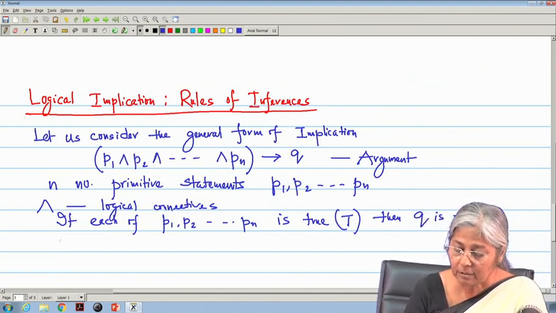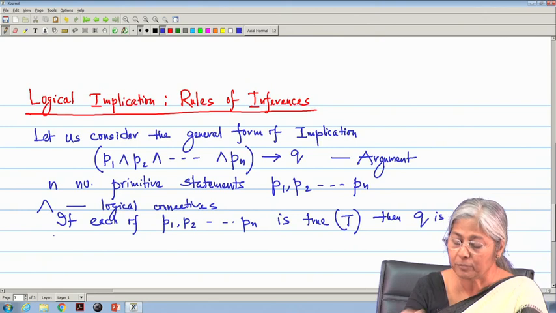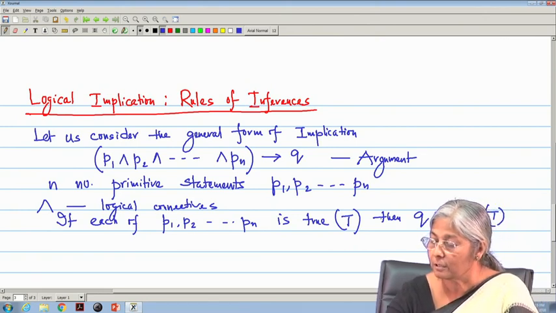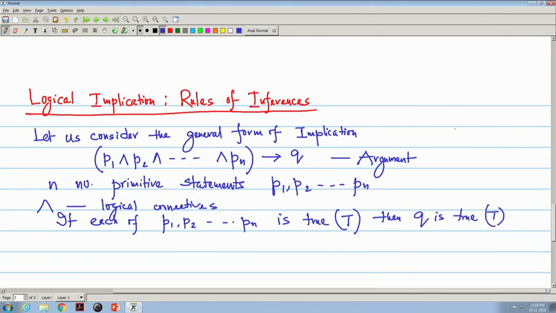When will it be invalid? We remember the implication truth table: for P implies Q, if PQ is TT, then the result is true; if TF, then it is false; if FT, then it is true; if FF, then it is true.